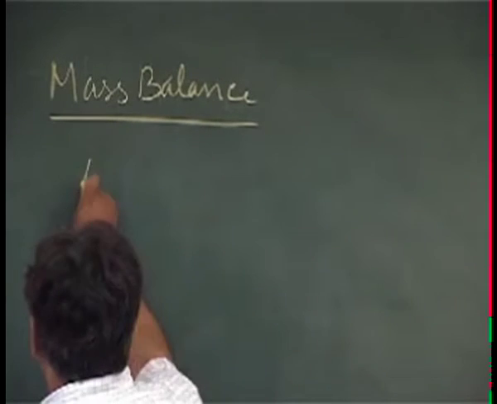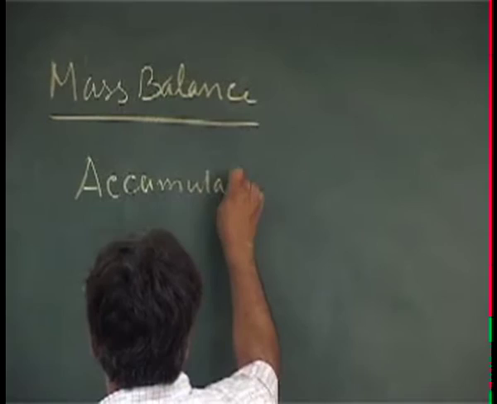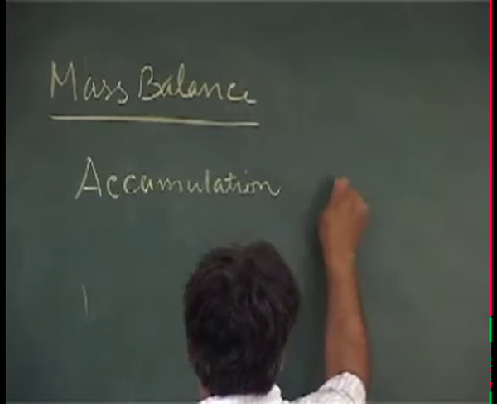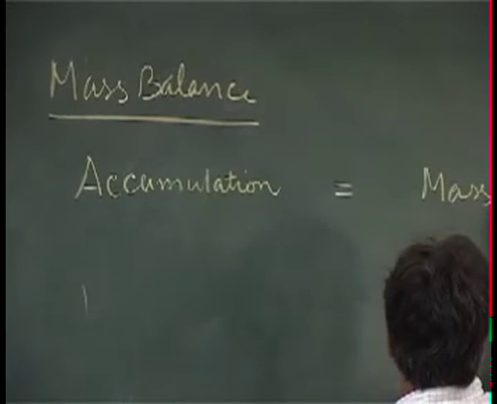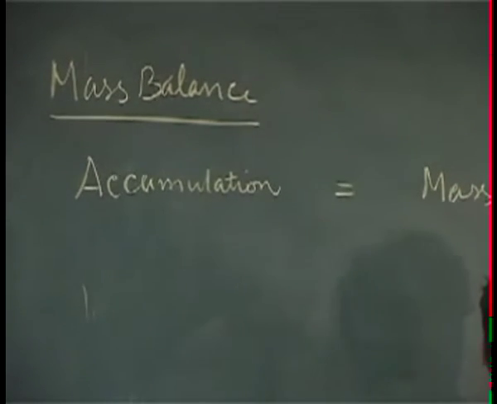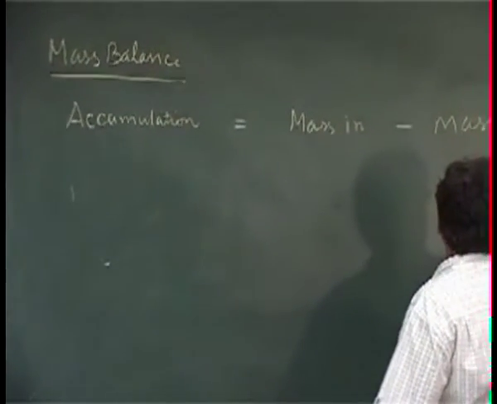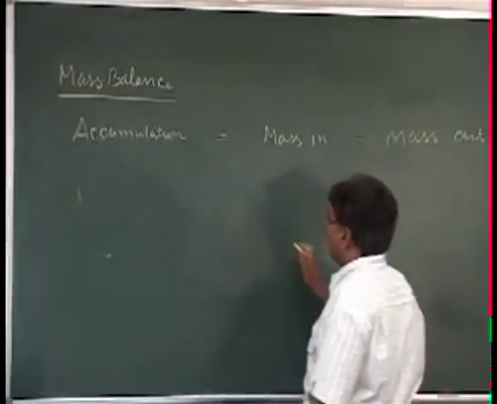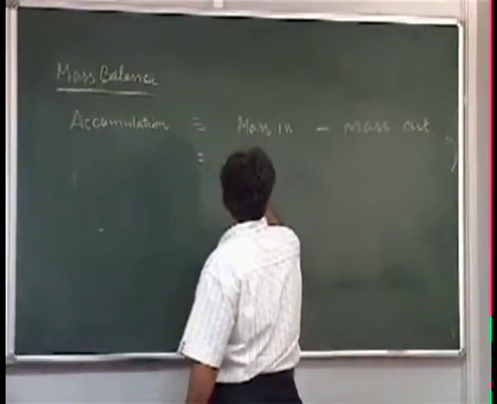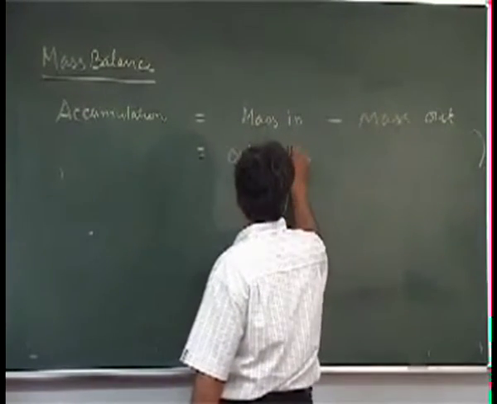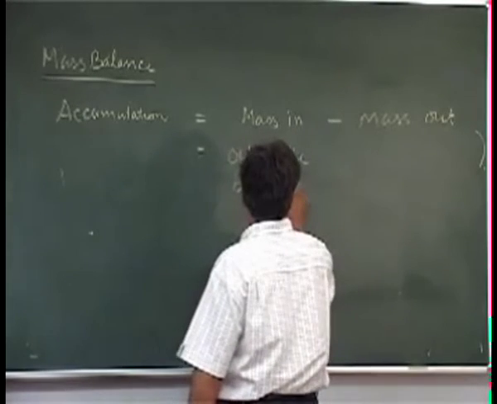So accumulation inside the box, or accumulation rate if you like, is mass in minus mass out. Mass in will have the two components, outside the box plus inside the box.